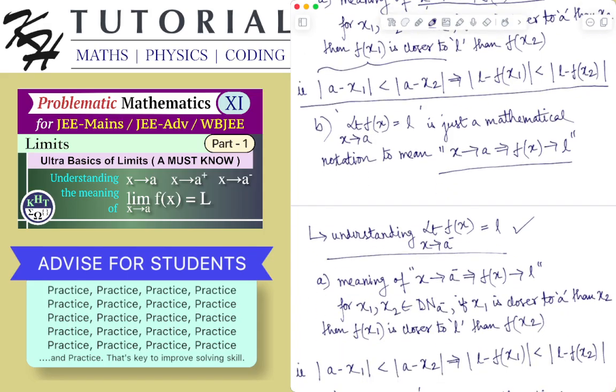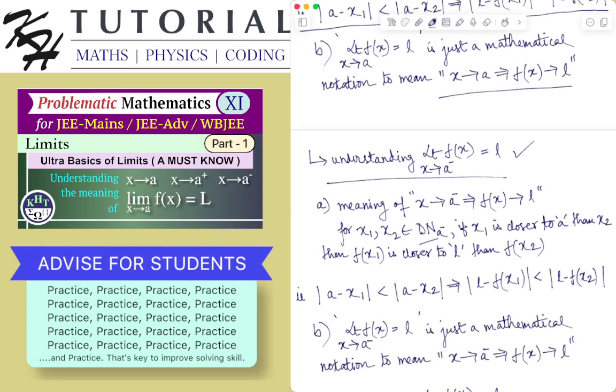So it means that if you consider two values x1 and x2 in the left deleted neighborhood of a, which basically means that both x1 and x2 are greater than a minus delta and less than a, and if x1 is closer to a than x2, then the value of f(x1) will be closer to l than the value of f(x2).